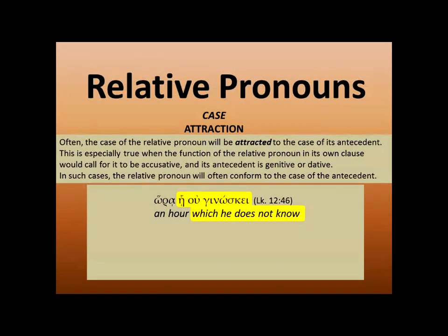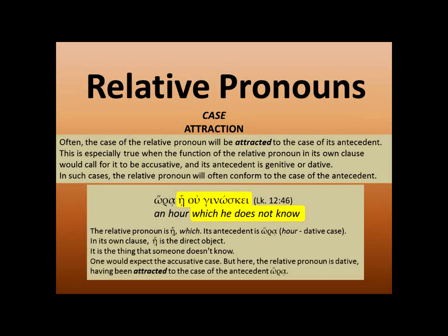But it is not accusative, it is dative. Why? Look at the antecedent. The antecedent, hora, is dative. So the relative pronoun, he, which means which, is agreeing with its antecedent, hora, in the dative case. In its own clause, he is the direct object. It's the thing that someone doesn't know. One would expect the accusative case. But here the relative pronoun is dative, having been attracted to the case of the antecedent, hora.